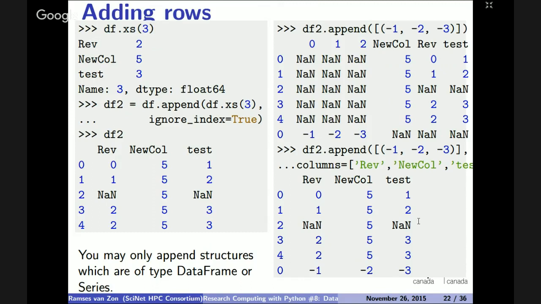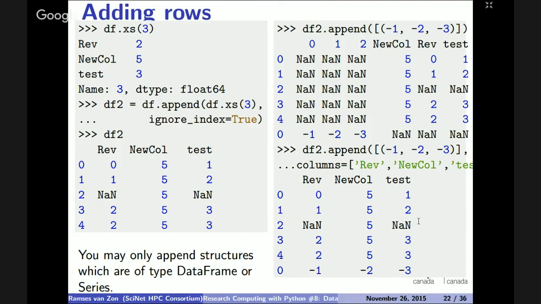When you add things, they're supposed to be data frames or series. That's the best way. If you don't, weird stuff can happen. So I've decided to append yet another row, and the row is supposed to contain -1, -2, and -3. And if I just do that without this nice ignore_index option or without even specifying anything, what I get is 3 new columns.